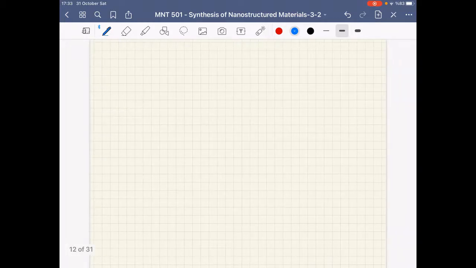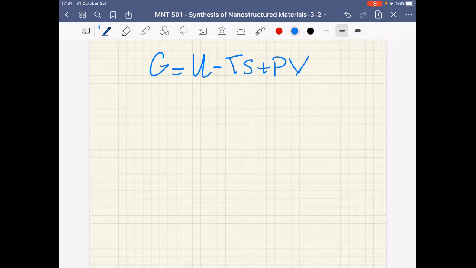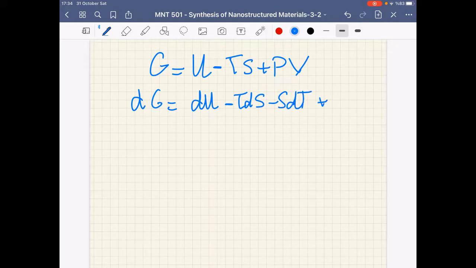But let's go a little bit into the details of how this Gibbs free energy is affecting my delta mu, and that's, as you know, in thermodynamics, defined as U minus Ts plus PV, for those who are more familiar with these expressions. And if you were to get the derivative, this will be dU minus TdS minus SdT plus PdV plus VdP, right?